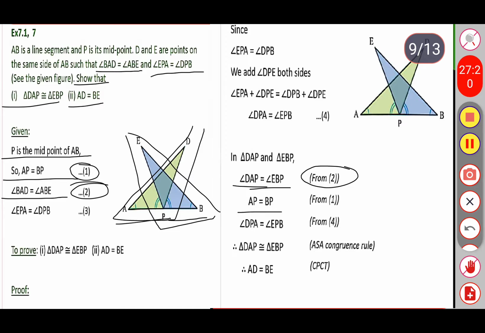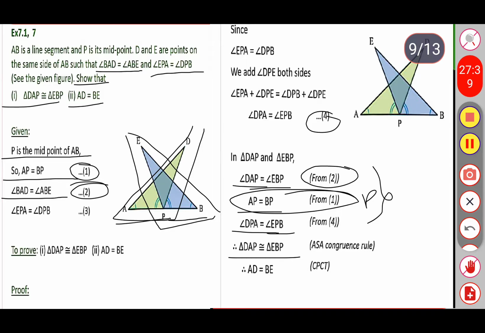And next one is angle DPA is equal to angle EPB. This is already proved in equation 4. So with the help of these three we can say that triangle DAP is congruent to triangle EBP, by using the congruence criteria ASA. So the two triangles are congruent, means AD is equal to BE by using CPCT.